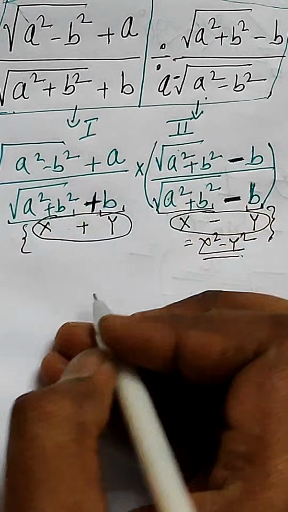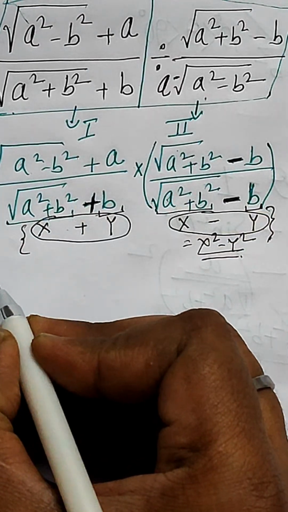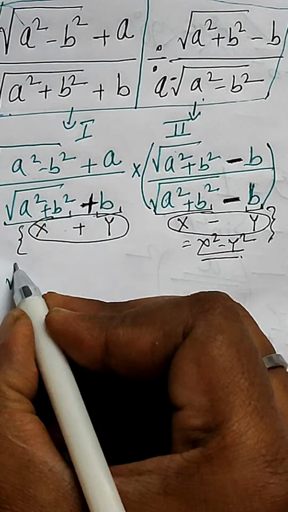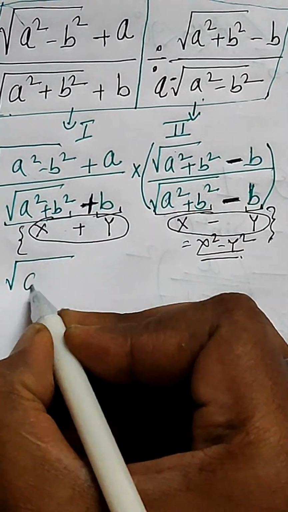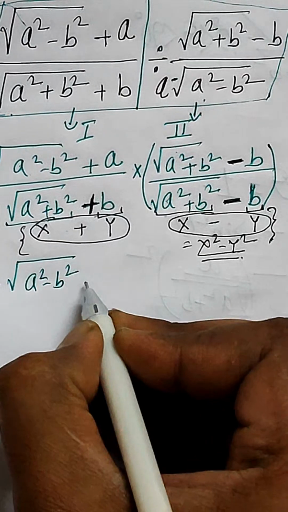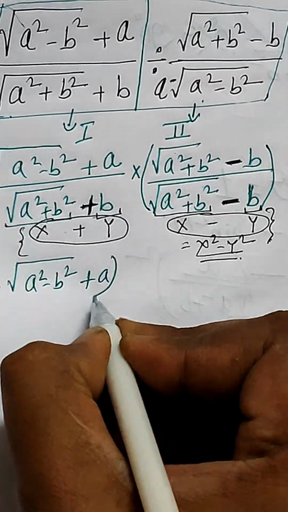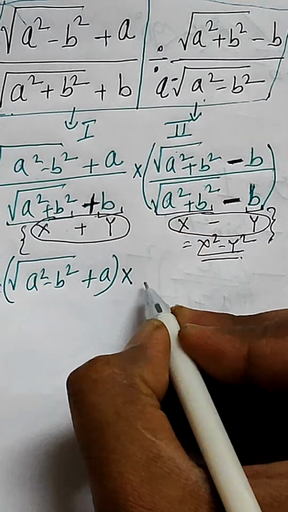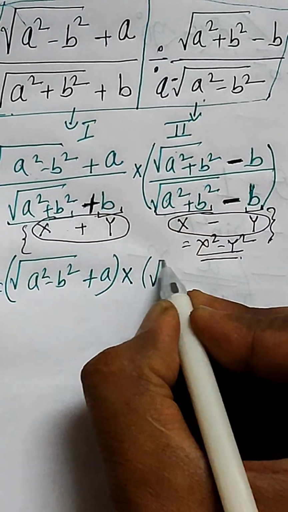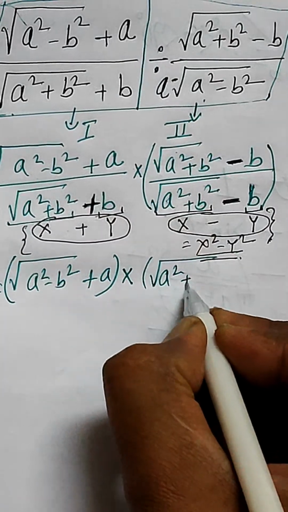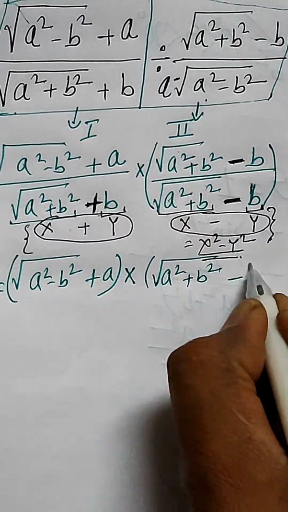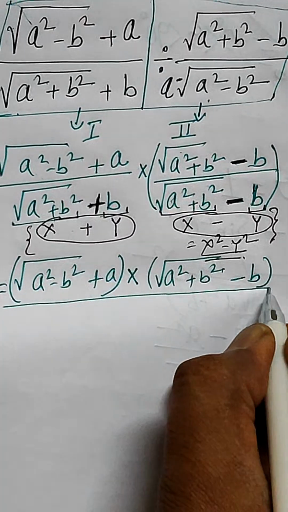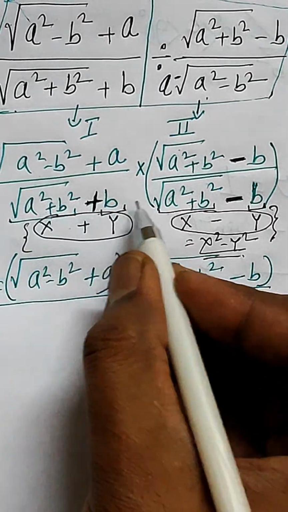So just do the next step. In the next step, you can see √(a²−b²) + a will be as it is, multiplied with √(a²+b²) − b, and this is divided by x plus y times x minus y.